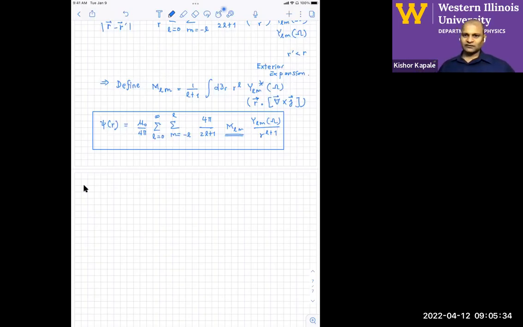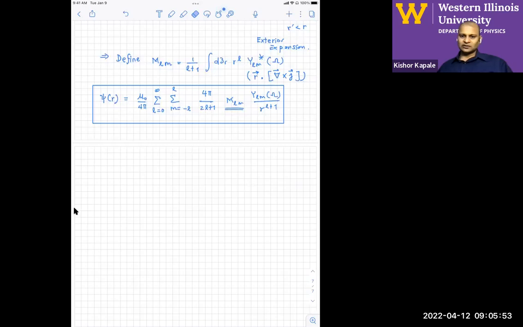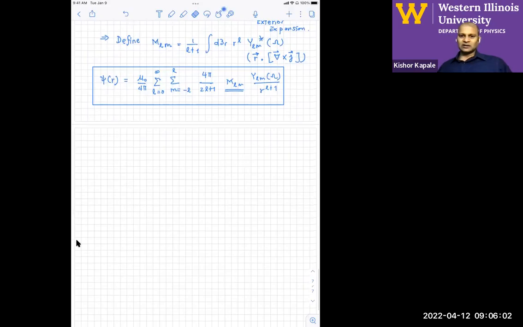It's just a weird part there, but again, it is still something that is source dependent. How is the source of the field distributed in space? That still is the underlying geometry, and the way you figure out and express that geometry in this case is different. So other than the exact nature of what MLM looks like, the rest is basically straightforward, and it's similar to what we had earlier.